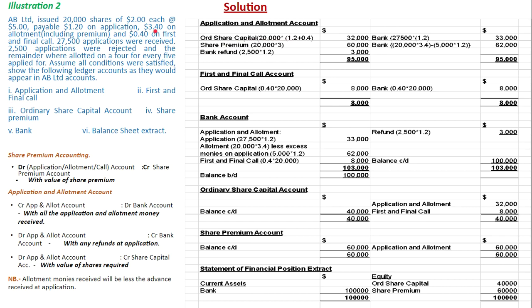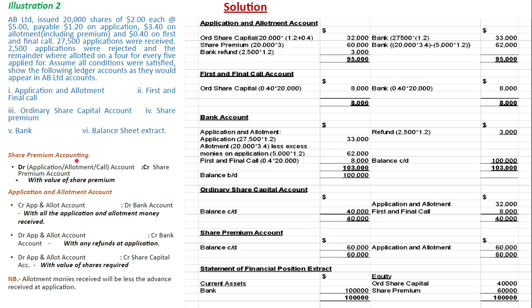We are told $3 is the premium, therefore 40 cents is for the ordinary share capital. That's why we are getting $1.20 plus 40 cents to give us $1.60. We multiply that by 20,000, we will get 32,000. Double entry, we credit ordinary share capital account, application and allotment 32,000.